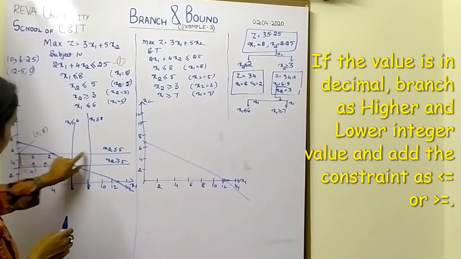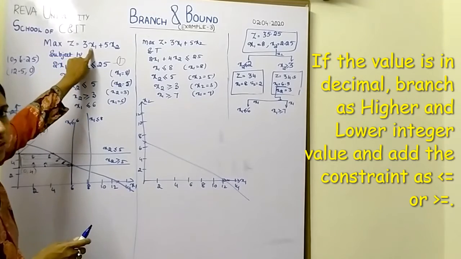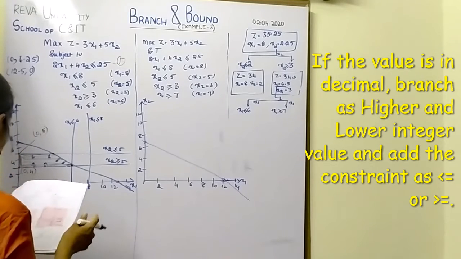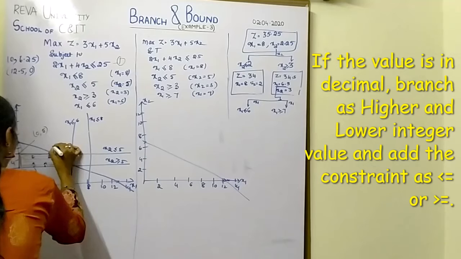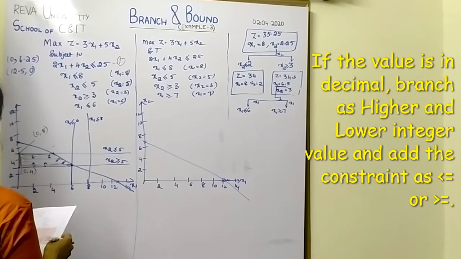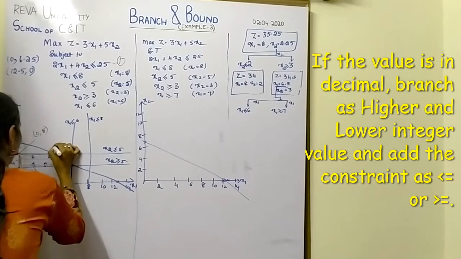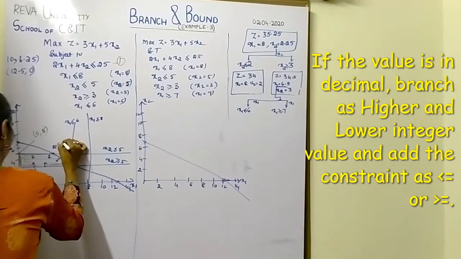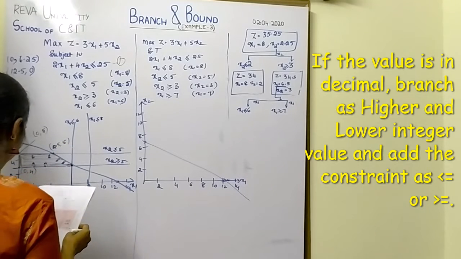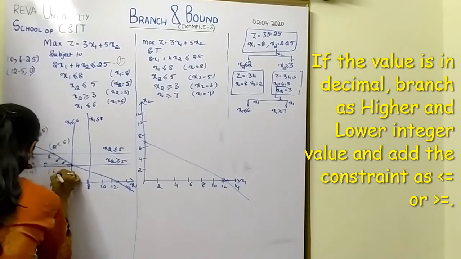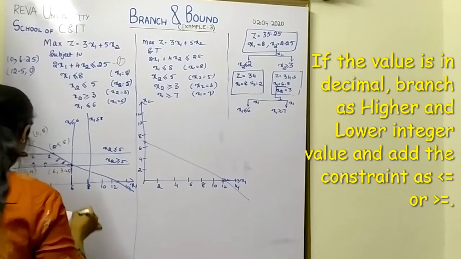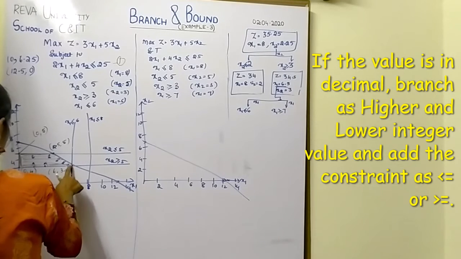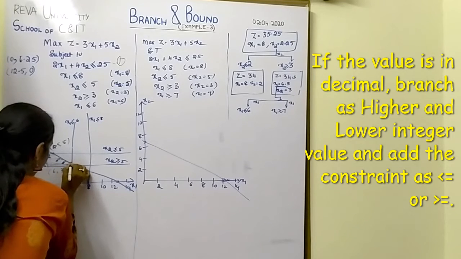If I use this one, x2 is equal to 5, and use this in this equation to get the x1 value, then if you substitute here, you will get (0, 5), and here you will get (2.5, 5), and here you will get (6, 3.25), and one more is here itself (6, 3).